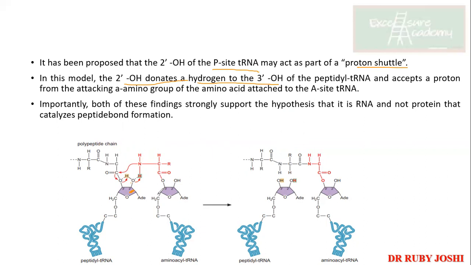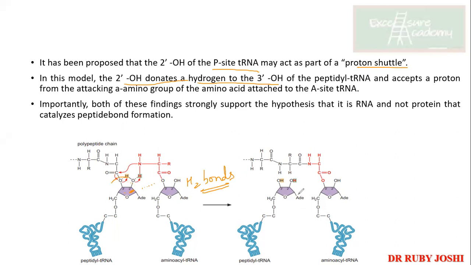Look over here. So यहाँ पे वो क्या कर रहा है? When you have a dotted line like this, it means those are hydrogen bonds. ठीक है? Now, what is happening? 2'OH का जो H था वो आपने दे दिया किसको? 3' को, correct? And amino से आपने H ले लिया.